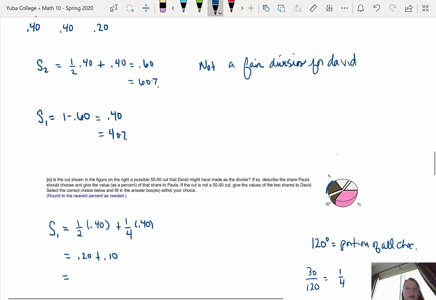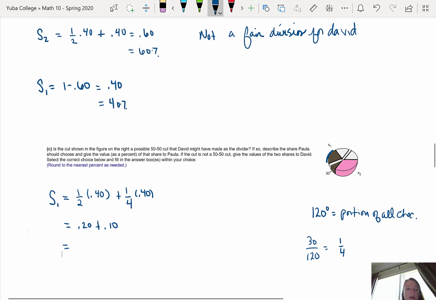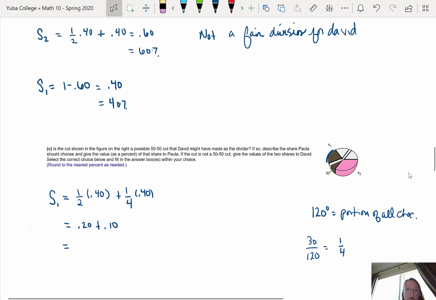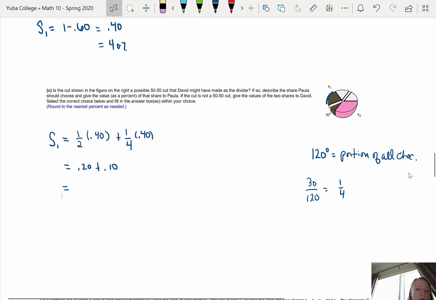All right. And so this would be equal to 0.30. Let me just pause for a minute and just make sure that all my work is right.